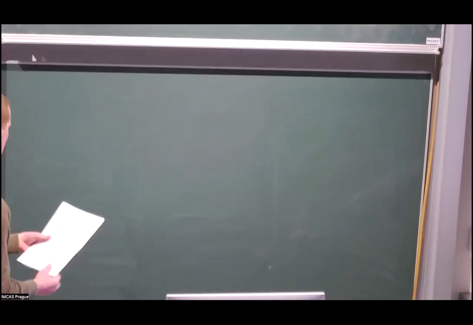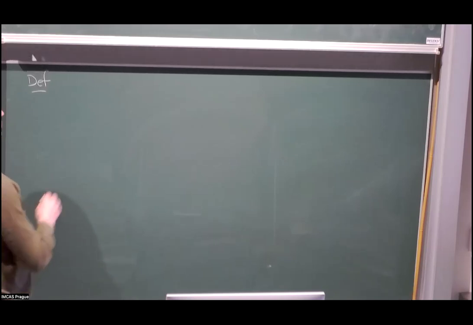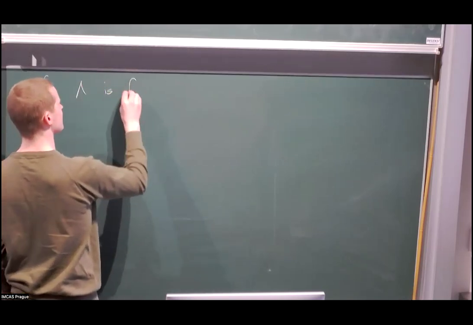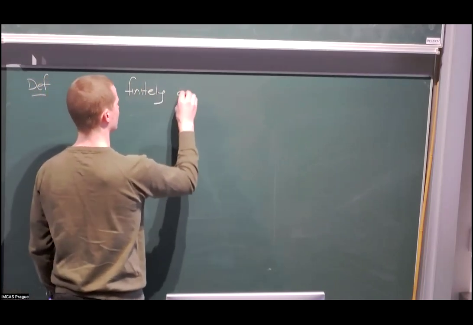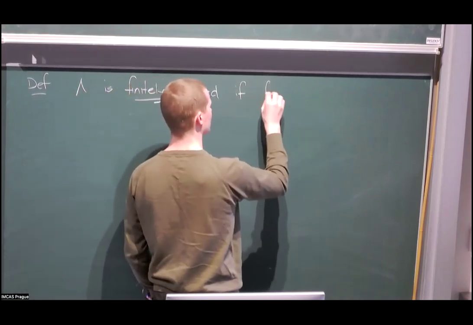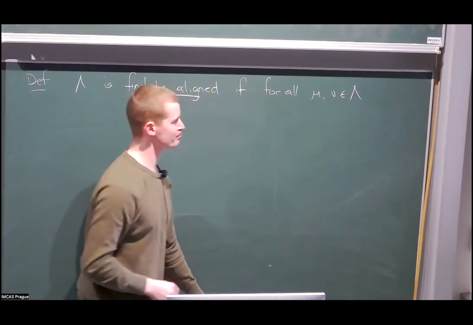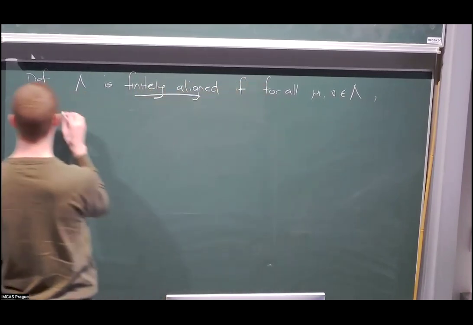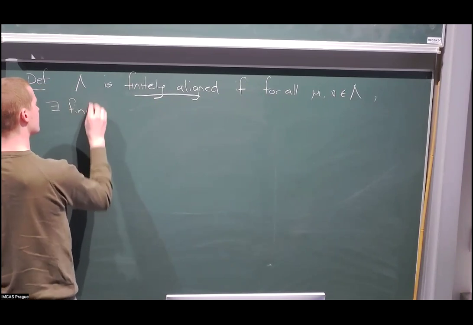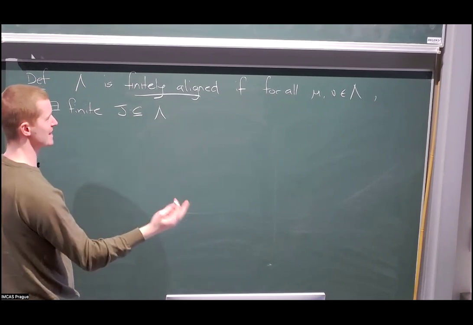So we define lambda to be finitely aligned if, for all two paths mu and nu I look at in my category, there's some finite subset that generates all possible common extensions of mu and nu.